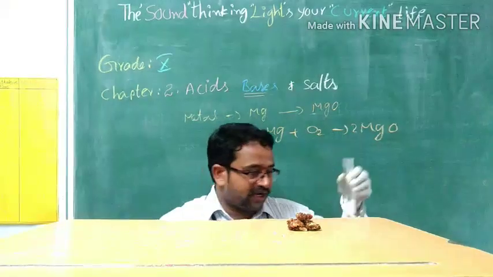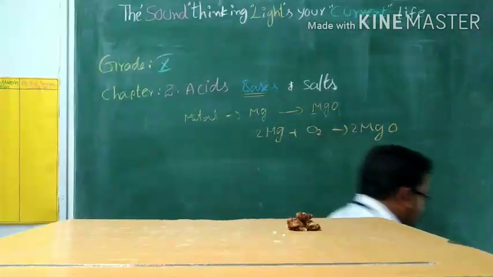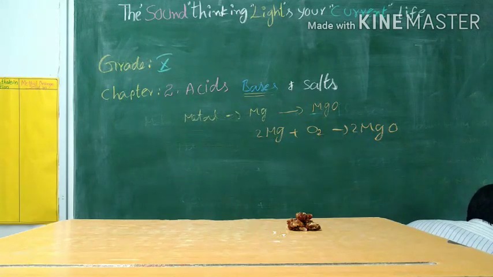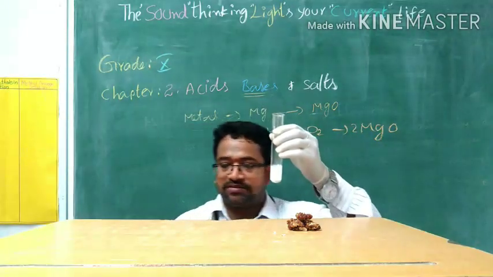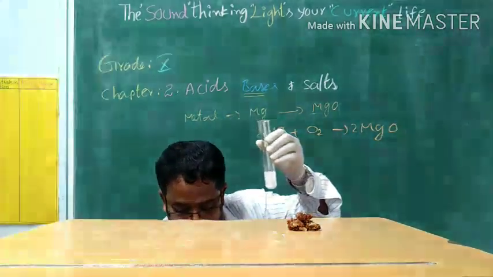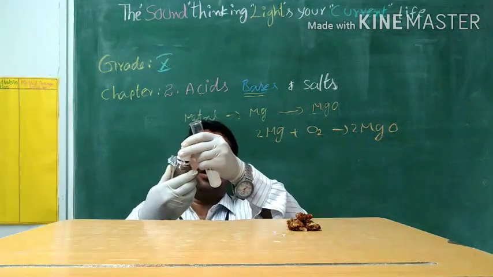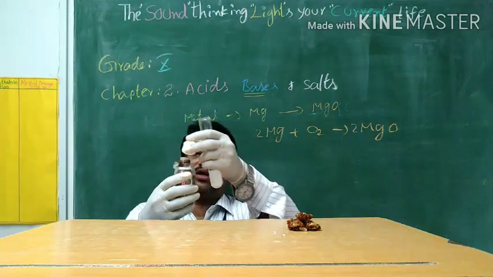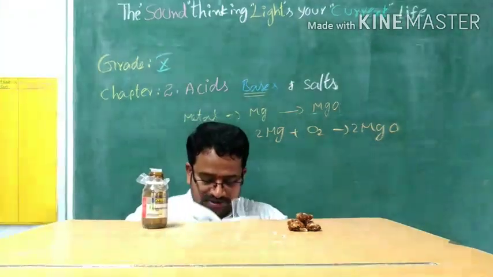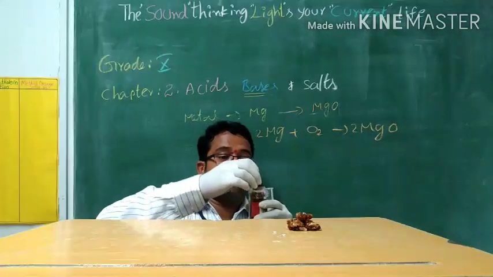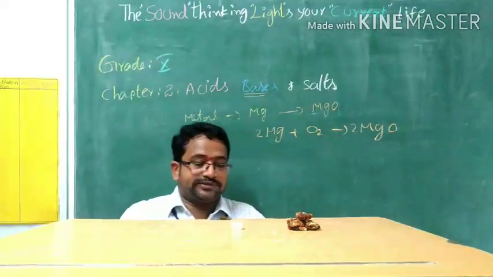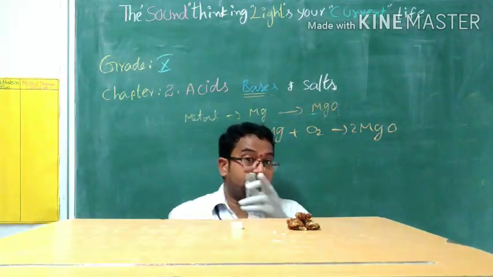But if our activity is perfect or correct, then it's a base, no? What is the color of a basic solution in the presence of methyl orange or phenolphthalein? I am going to take phenolphthalein here. Yesterday I showed you a table, a chart, about phenolphthalein.